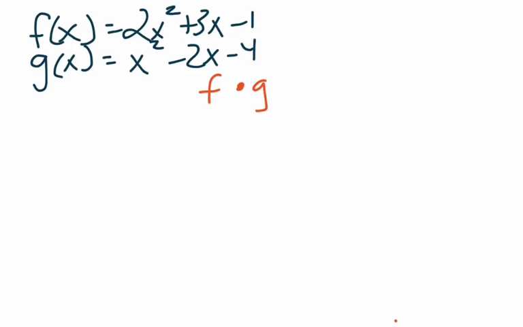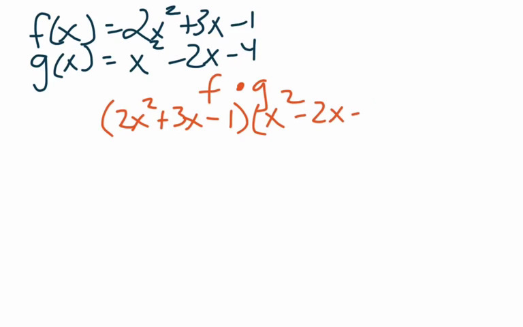But if we did them in class, then you might not have seen that demonstrated. So you can always leave off the of x if the of x bothers you. On the left, we have our f of x, which is 2x squared plus 3x minus 1. And g is x squared minus 2x minus 4.